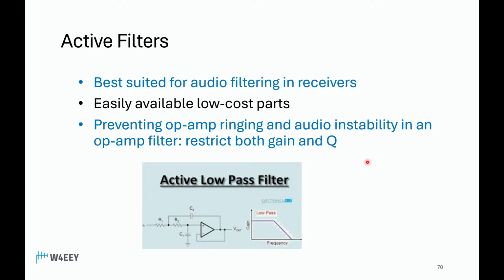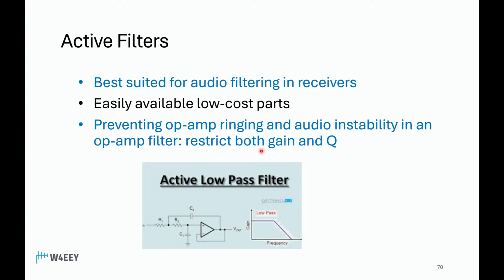And here's a little technical tidbit. You don't want an op amp to go into oscillation, or you don't want a filter to be ringing to continue giving you signal after the signal's gone away. Preventing op amp ringing and audio instability in an op amp filter, if you restrict both the gain, now the gain is like the volume control on a public address amplifier. If you turn the amplifier down, the feedback will stop.